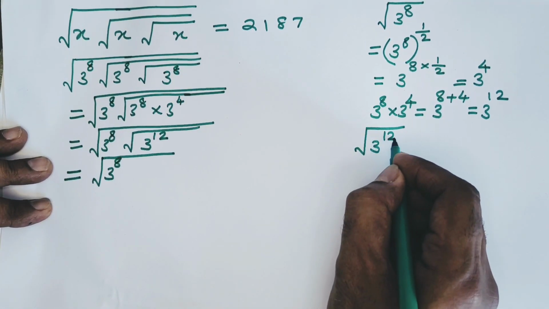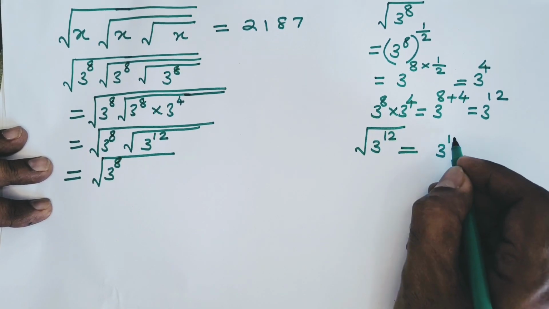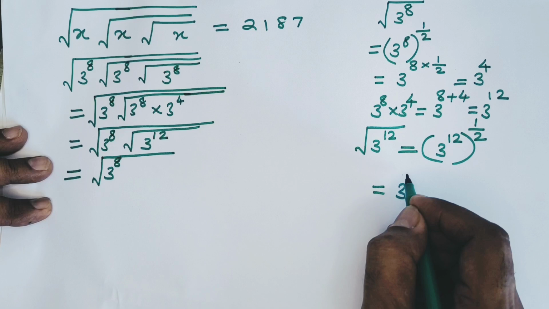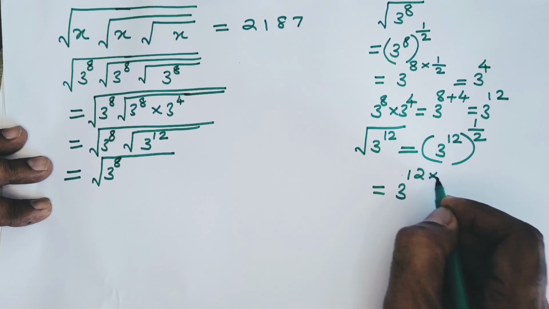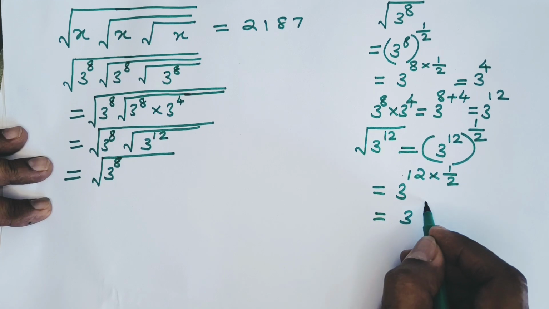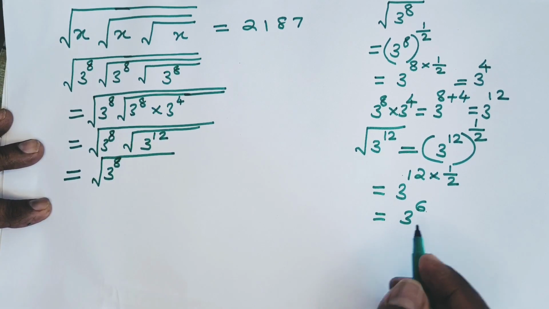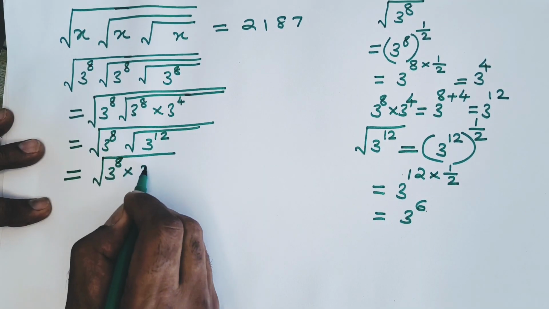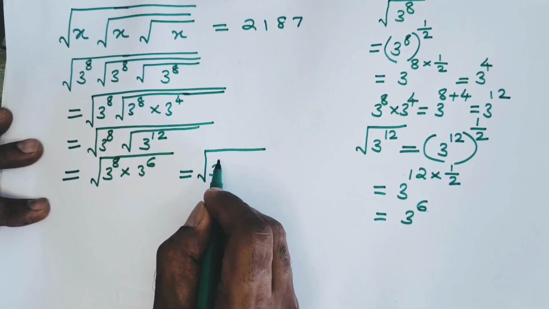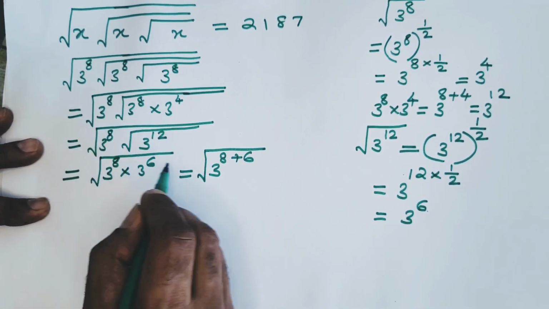3 to the power 12 is the same as 3 to the power 12, the whole raised to 1 over 2, which on simplification you will have 12 multiplied by 1 over 2, and that's equal to 3 to the power 6. So let me substitute for this 3 to the power 6, and that's equal to, see again, 3 to the power 8 plus 6. That's what you get.